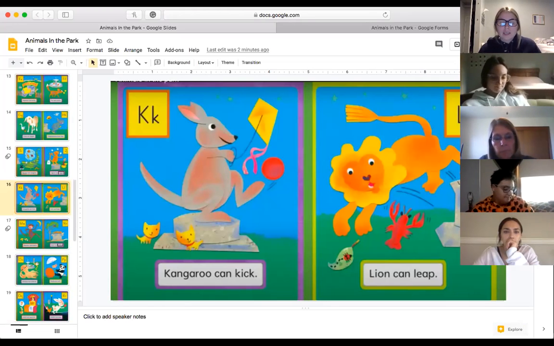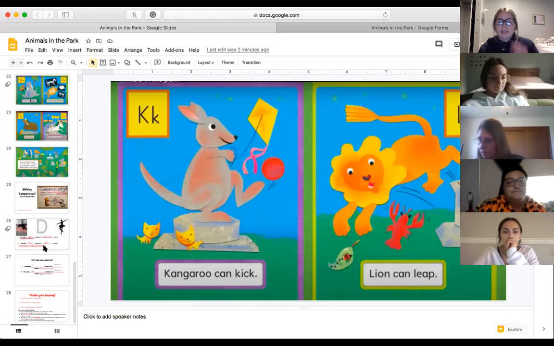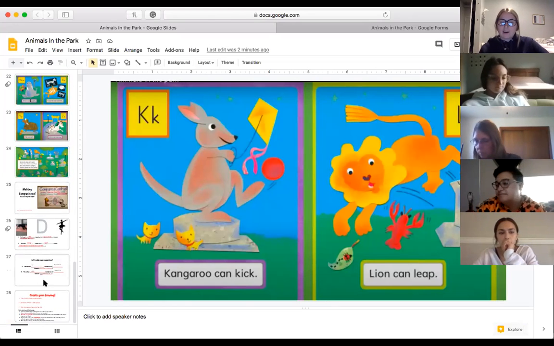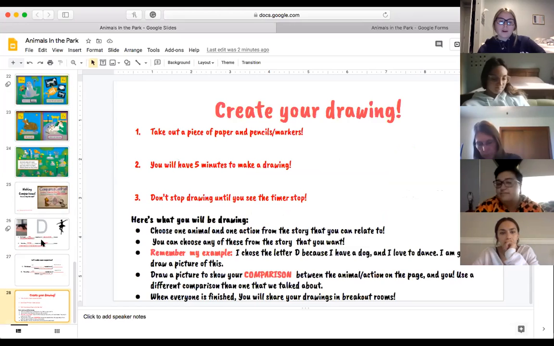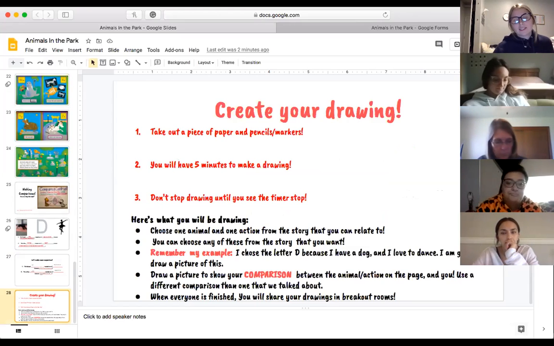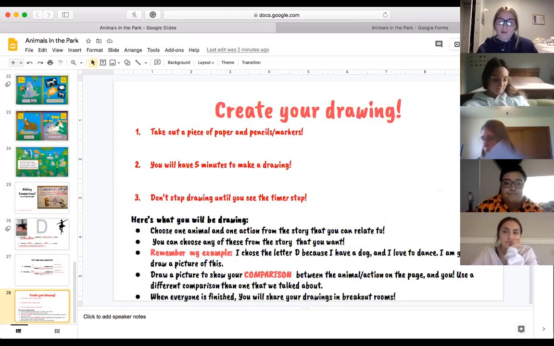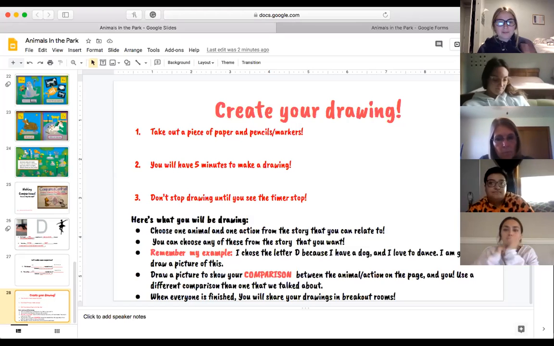And if you chose kick because you play soccer and you like to kick the ball, you could draw a picture of you playing soccer and kicking a ball. And once we were all finished, we would share our drawings in the breakout rooms with a partner. So I won't make you guys do the drawing, but that's what we would do.